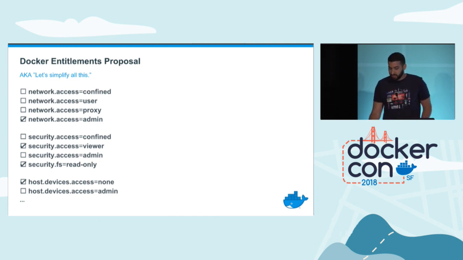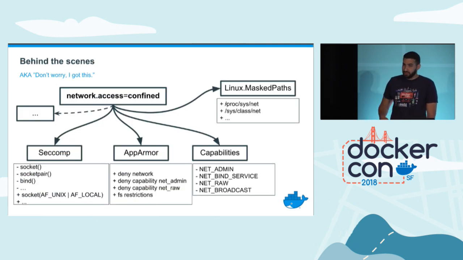So the idea would be to first specify a set of permissions that are really easy to understand inside each category, giving a level of permission. And the platform behind the scenes would translate it into its own understanding of the meaning of this.